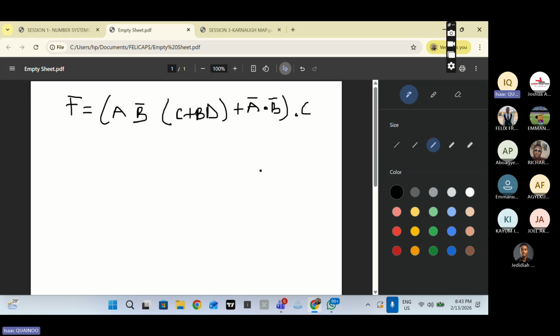Let's try and work this out, and then we can move to look at K-maps. Okay, so please can we try this? Let's use 2 minutes to work this out, and then we all work it together and move on.